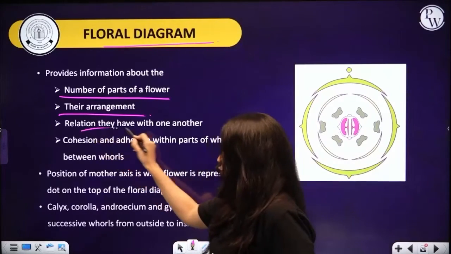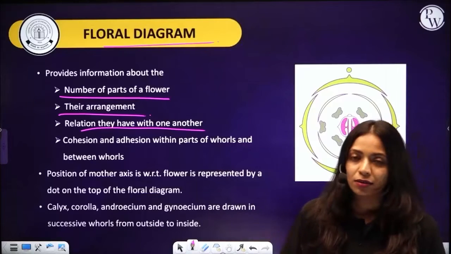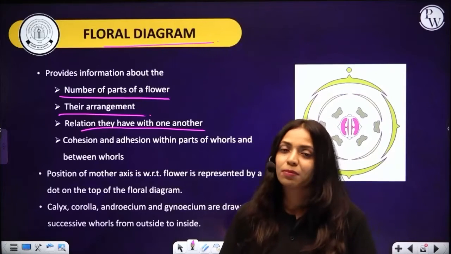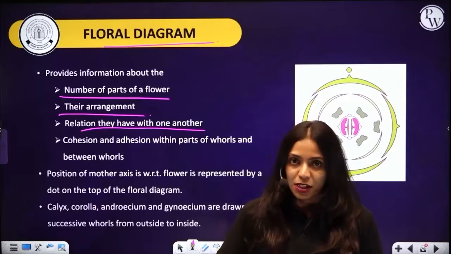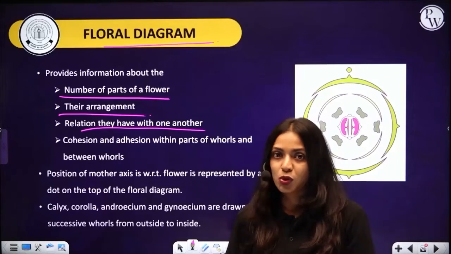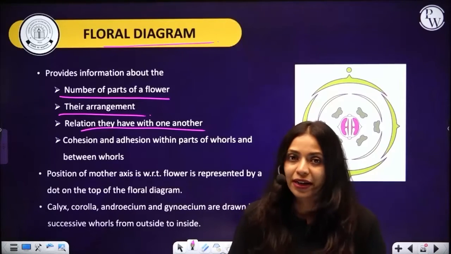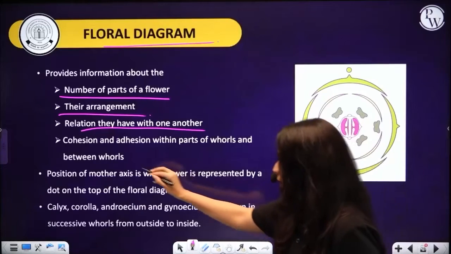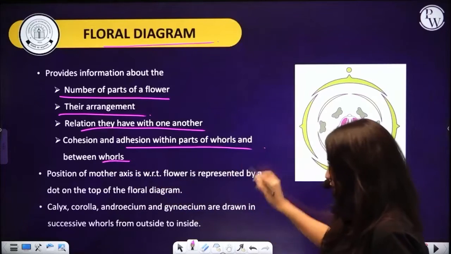What relation they have with one another. Like for example, if the stamen is fused with the petal or if the stamen is fused with the tepal, all of that you can find out with the help of the floral diagram. That is what this statement also means.